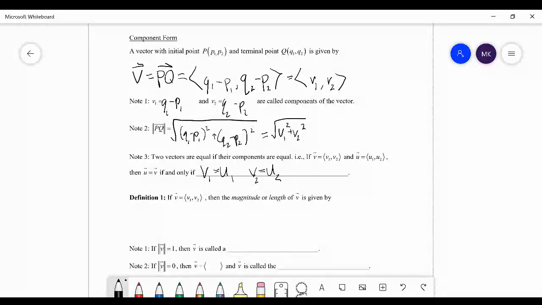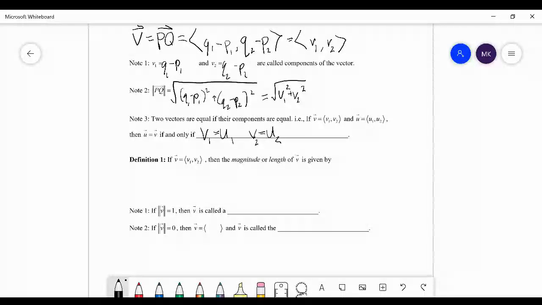Very cool. This isn't really anything crazy new, just an application of what we just talked about. So the magnitude of the vector v is equal to the square root of the sum of the squares of the components.